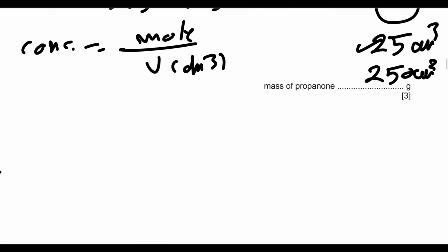The concentration was 0.1. The volume is 25 cubic centimeter.